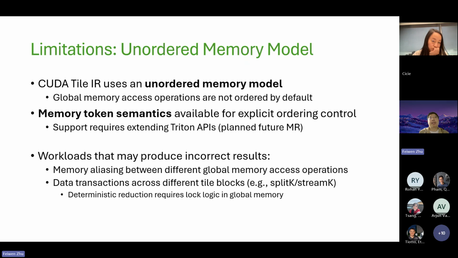For example, if the memory aliases between different global memory, the algorithm cannot do this translation. And if the data transaction goes across different thread blocks, for example, if you're using atomics to do global synchronization, the algorithm finds it hard to convert the ordered memory model to the unordered memory model, so it may produce some incorrect results. So these two parts we need to improve in the future.